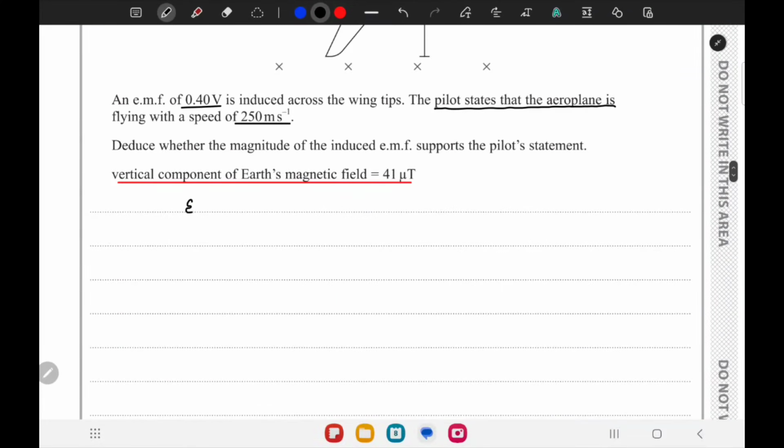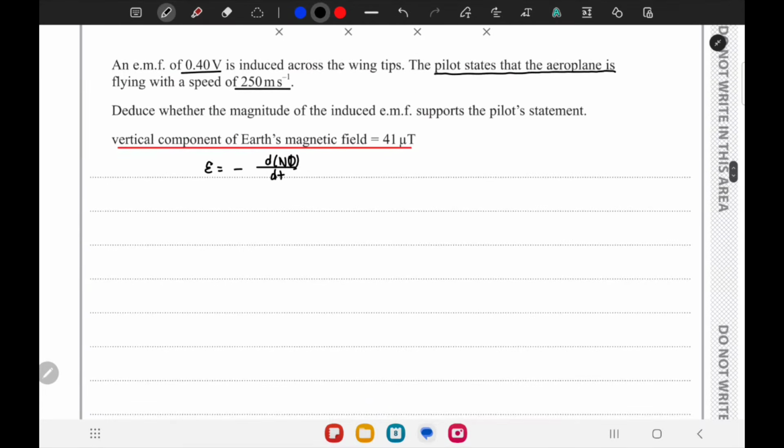The EMF would be equal to the rate of change of flux linkage, so minus d(N phi) by dt. Here the value of N is 1 and phi is B times A. So the EMF would be minus the derivative of BA with respect to t.